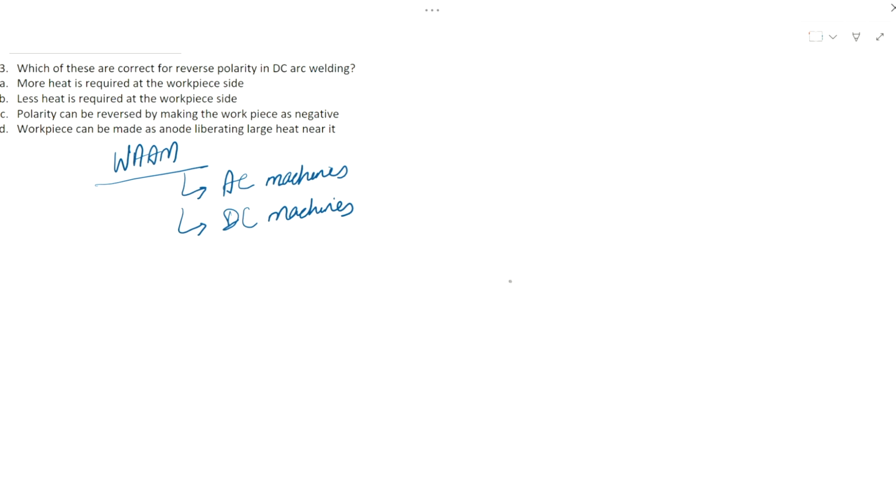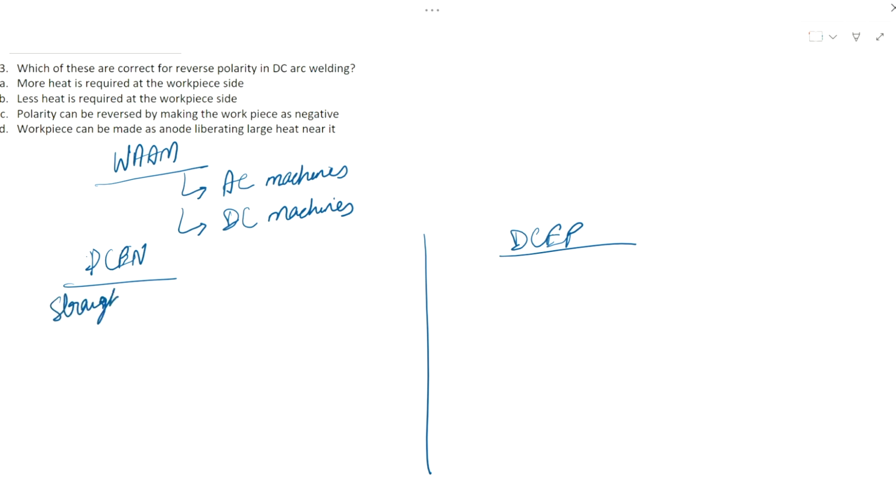So direct current, and this is for the straight polarity, reverse polarity.